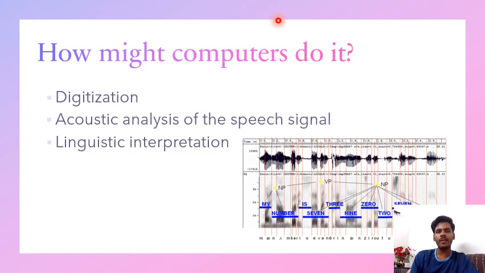So here we have not so complex examples stating how machines recognize basic human speech, consisting of acoustic analysis of the speech signal. So how might computers do it? Digitization. Yes, you heard it right. Digitization is the solution to all. Then acoustic analysis of the speech signal and finally the linguistic interpretation of the same.